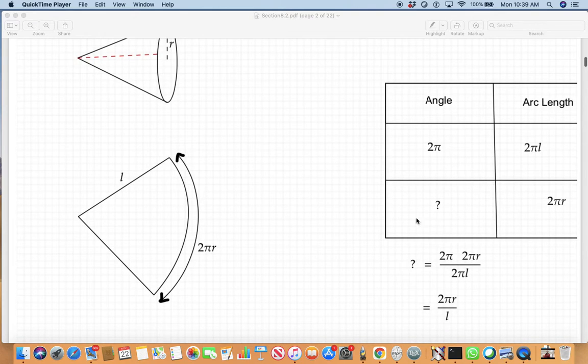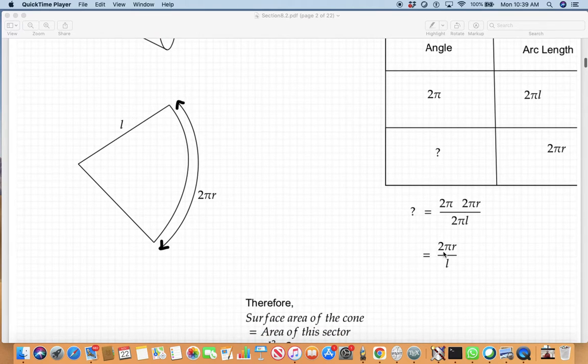All right. So you have set up a proportion. Angle is 2 pi times 2 pi r over 2 pi L. Simplifying, you get this angle in radians is 2 pi r over L. All right. You know the angle, you know the radius of your sector.